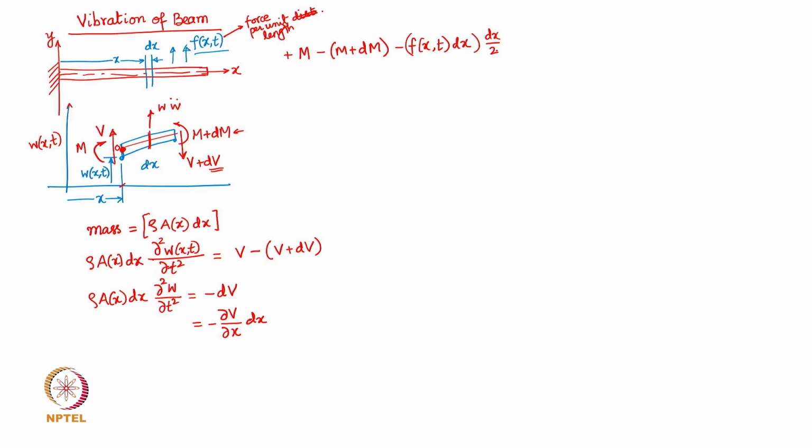And of course then you have plus V plus dV, this is the force which is going to create a moment, and that moment arm is going to be dx. That's how we will write the moment balance here, and this is equal to 0.